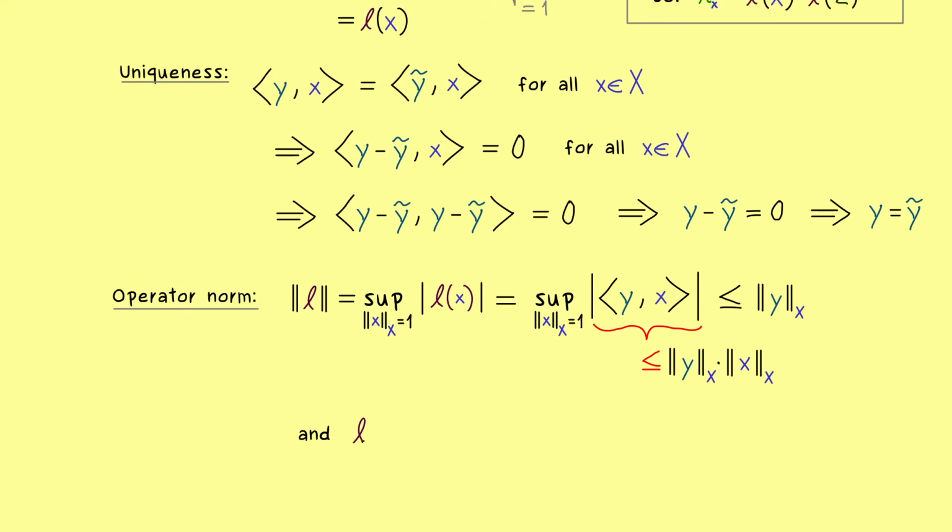And indeed, the other inequality for the supremum we can show by just putting in a special vector with norm 1. For example, we can just check what happens when we put in the direction of the vector y, so the normalized version of y. And there we can immediately use the linearity of L and pull out the scalar. So we only have to know what L of y is.